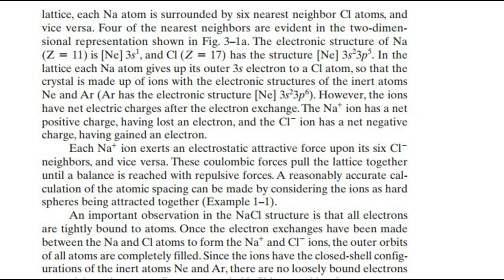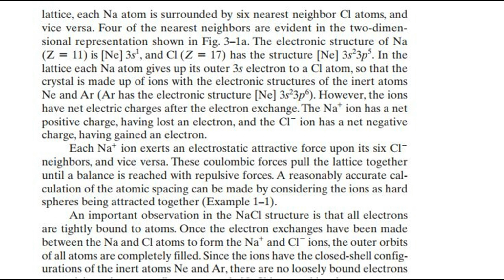The sodium positive ion has a net positive charge, having lost an electron, and the chloride ion has a net negative charge, having gained an electron. Each sodium positive ion exerts an electrostatic attractive force upon its 6 negative chlorine neighbors, and vice versa. These coulombic forces pull the lattice together until a balance is reached with repulsive forces.